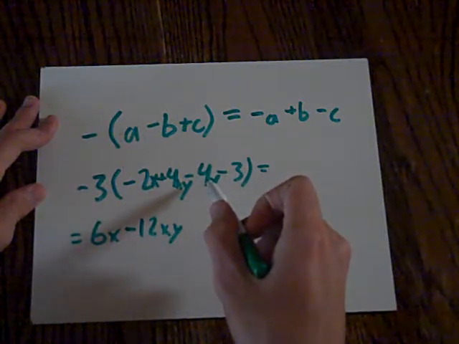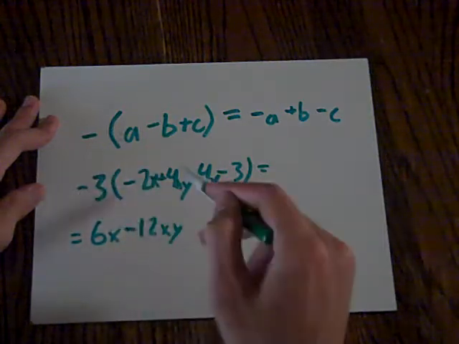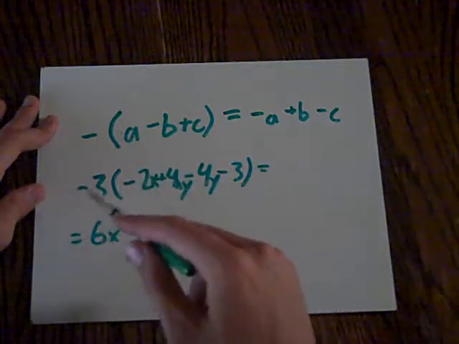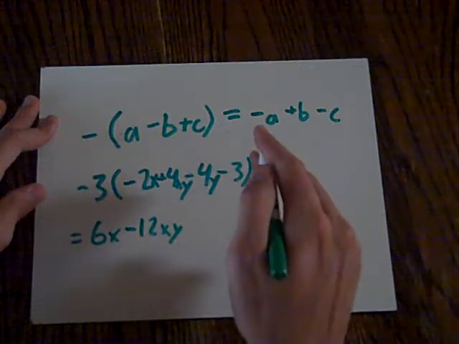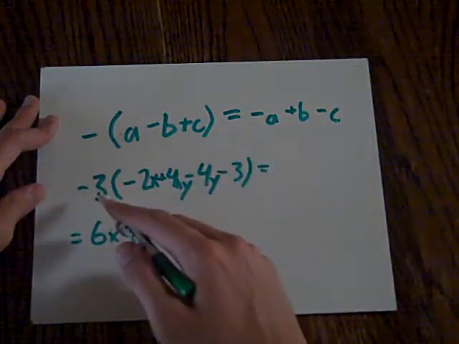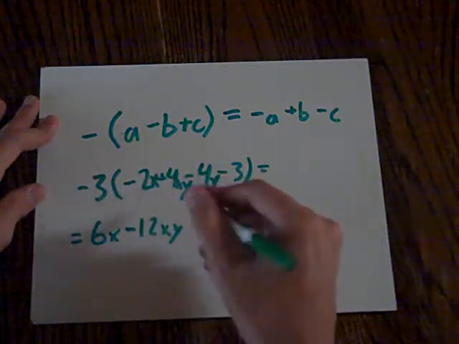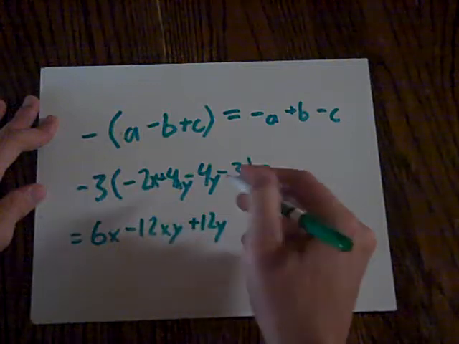And then we have 4y, or negative 4y. So when you have a negative sign in front, it changes to a positive, because it always switches signs when you have a negative in front of the parentheses. And then multiply the numbers. It's 3 times 4, which is 12y.